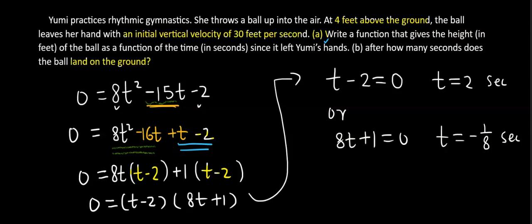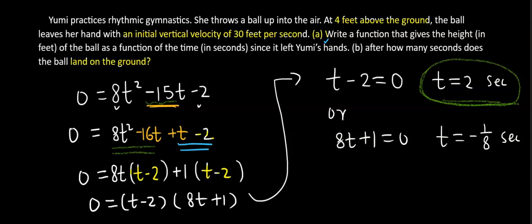Therefore, we're going to disregard negative 1 over 8. So negative 1/8 does not work for us. Therefore, we're going to circle our answer for task B. And we say, after 2 seconds, the ball lands on the ground.